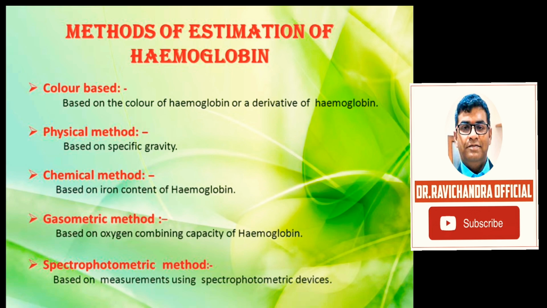The physical method is based on specific gravity. The chemical method is based on the iron content of hemoglobin. The gasometric method is based on the oxygen combining capacity of hemoglobin. The spectrophotometric method is based on measurements using spectrophotometric devices.